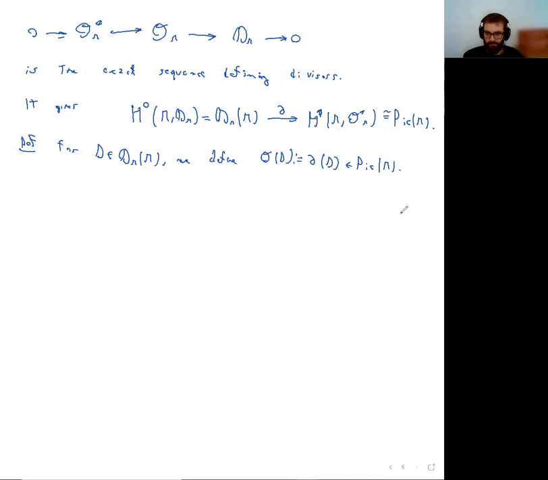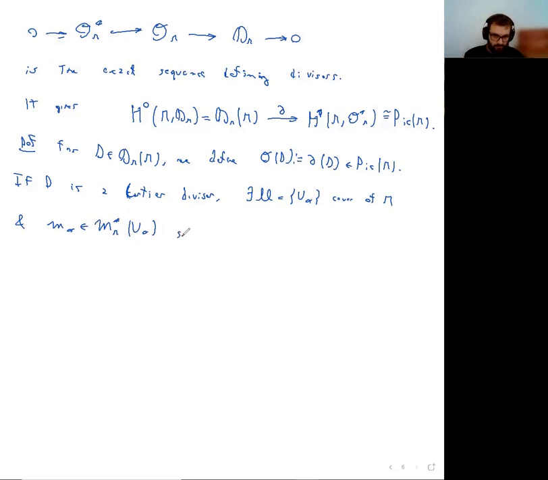And remember that if D is a Cartier divisor, then in fact a global section of this, so an element here, there exists a cover of M and non-identically zero meromorphic functions so that the ratio is non-zero on the intersections.